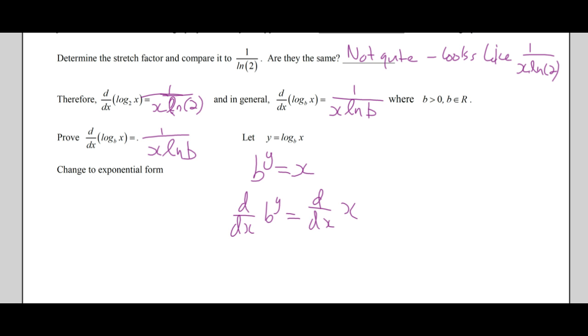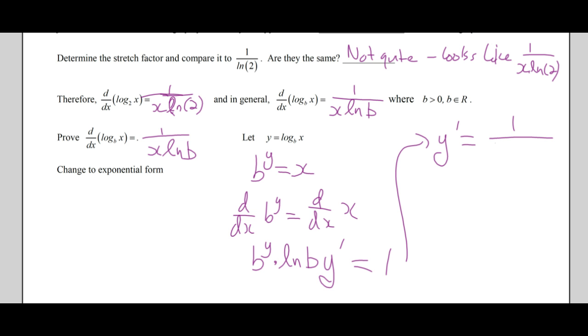It's an exponential, so it's b to the y times ln b, and since it's a y, we also get a y prime. And the derivative of x is 1.